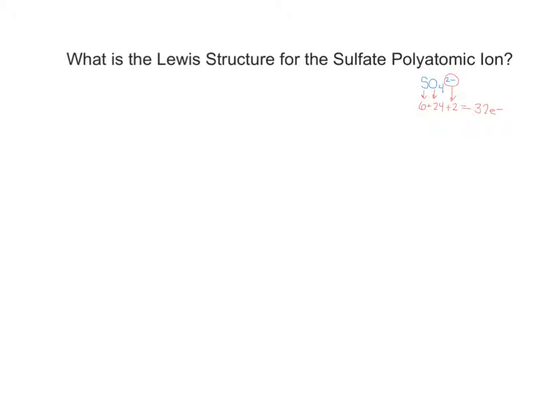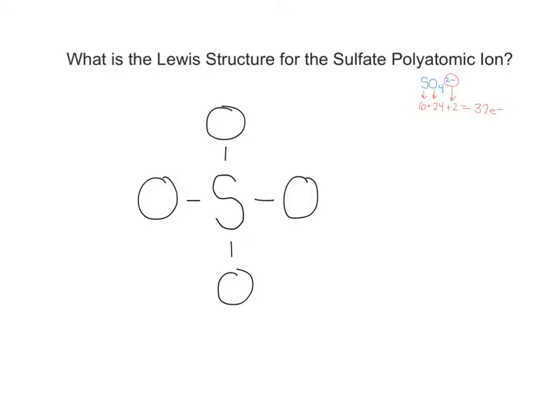All right, we know that our central atom is sulfur based on the fact that we have 4 oxygens. So we'll start by drawing out sulfur in the center. Then we're going to attach with a single bond each oxygen atom to that. We're now going to add in all of the remaining valence electrons around the oxygens, fulfilling each oxygen's octet.